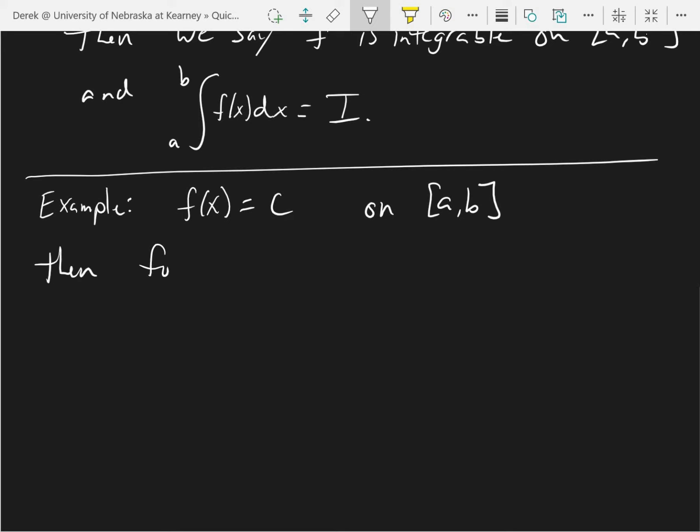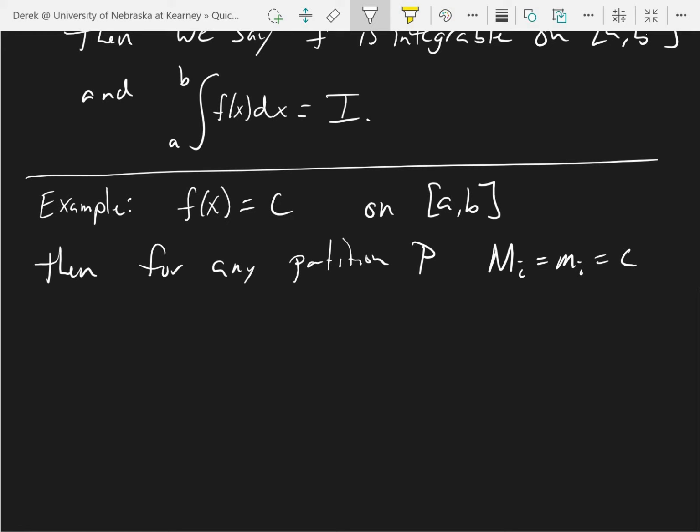Then for any partition, big M sub i equals little m sub i equals c. The maximum values in any interval and the minimum values are all the same.